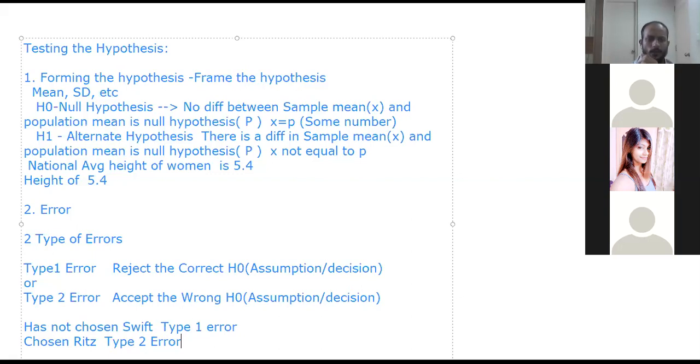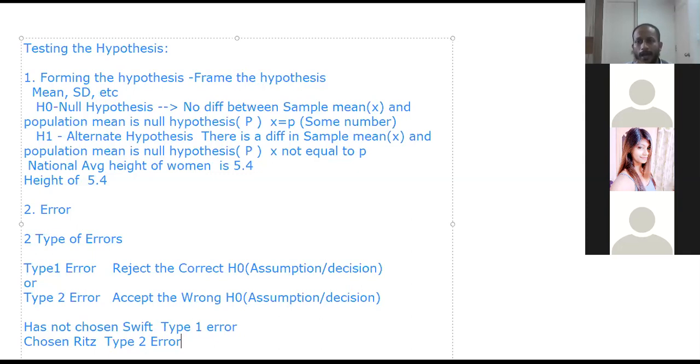Definitely there will be a question on error. Because when we are framing the hypothesis, this hypothesis is about the population, not about the sample. This hypothesis is about the population through the sample. So I am prone to make some error because I am predicting the population through the sample.